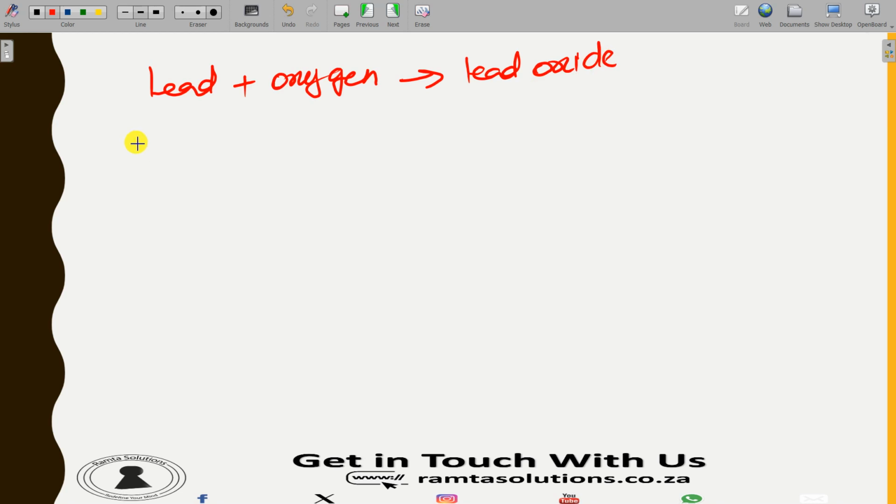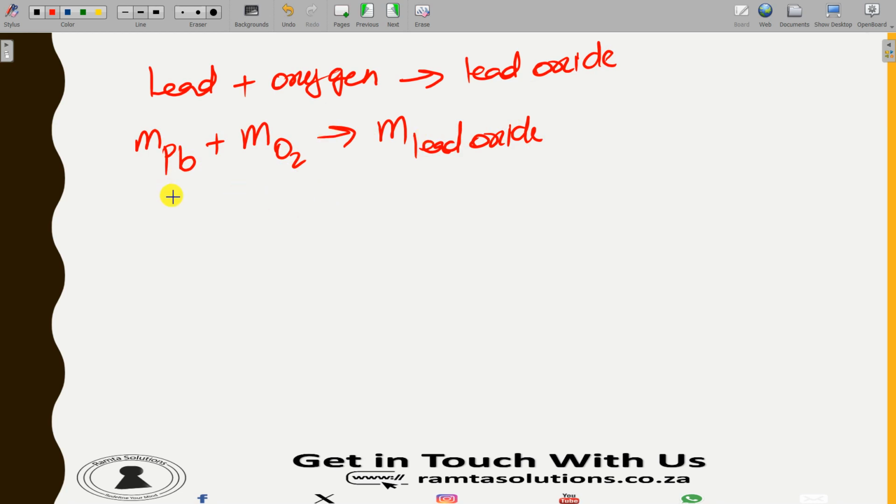Right? So we know the mass of lead, let's call it Pb, plus the mass of oxygen, it's a gas obviously, and then it will be the mass of this lead oxide. We do not know its chemical formula, right? But it's PbO something.